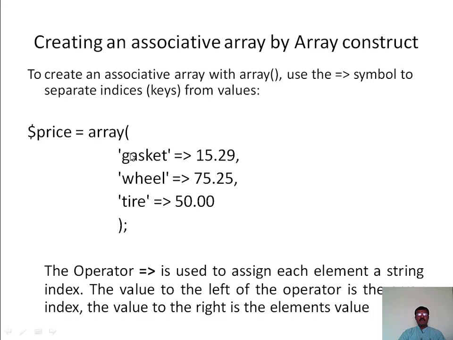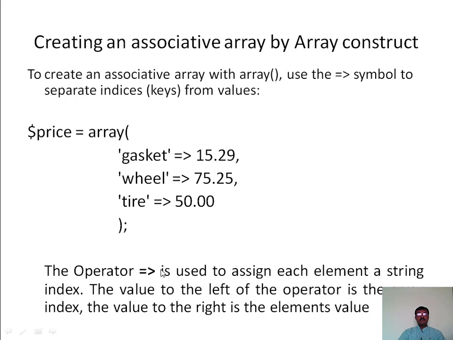In this way, we can create any number of elements in the array. Here I have placed 3 elements in an array. The only thing is, we need to separate the keys from the values of the array by using this symbol. So this shows the strong relationship between the keys and the value of that element.